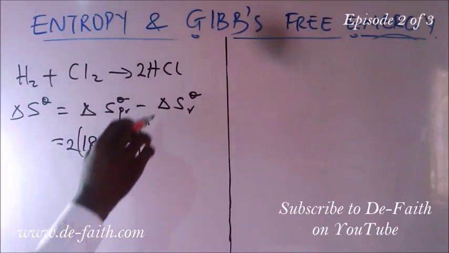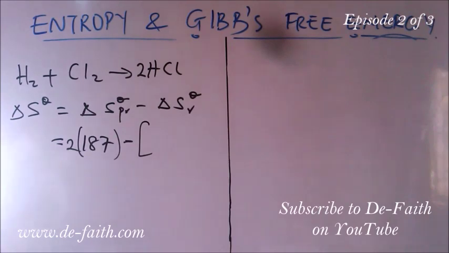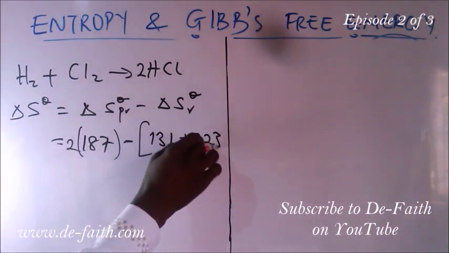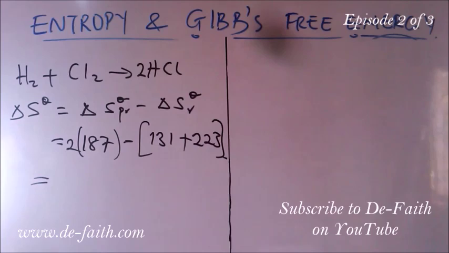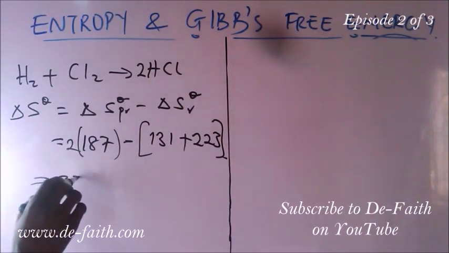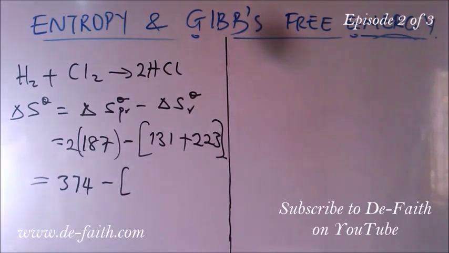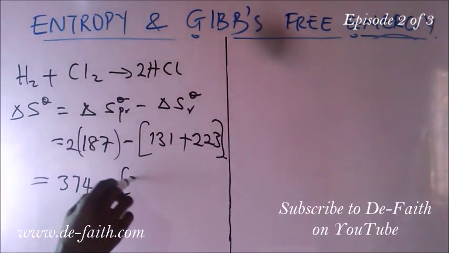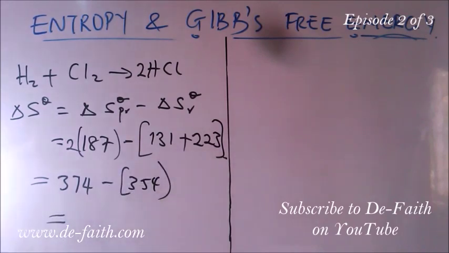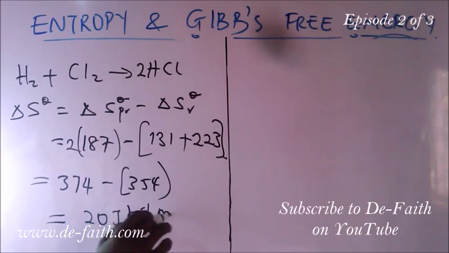Then minus the reactants: for hydrogen, we're given 131, plus the other reactant, chlorine, which is 223. Now we have 2 multiplied by 187, that is 374, minus 131 plus 223, that gives 354. And so when we subtract this, we will have 20 joules per Kelvin per mole.